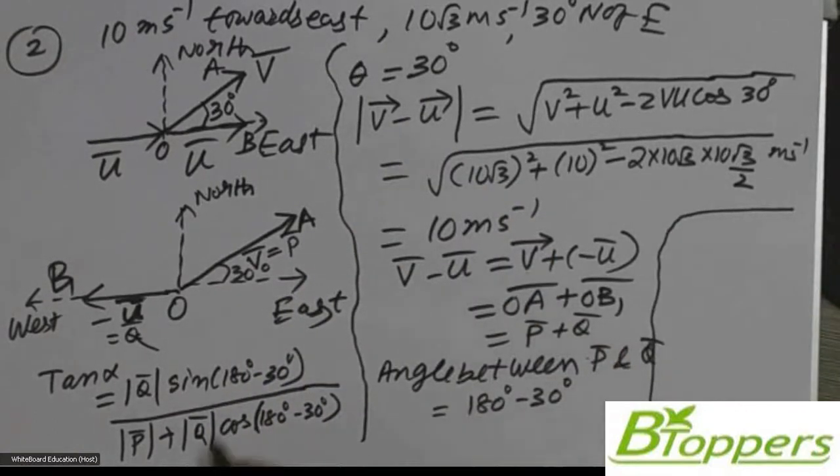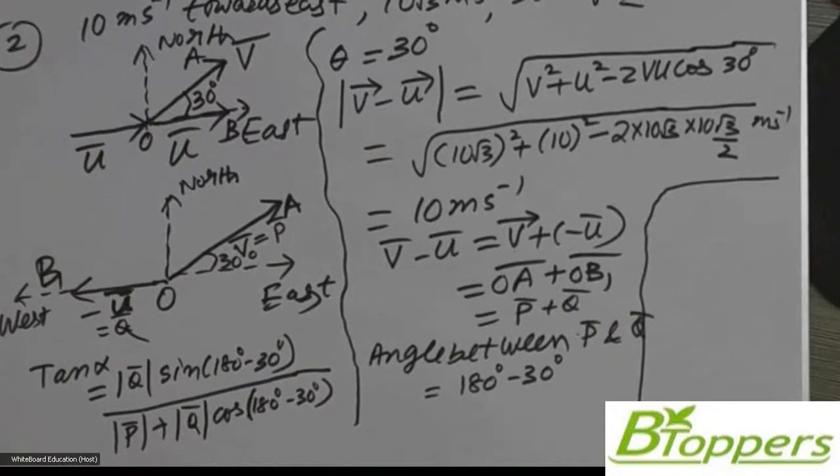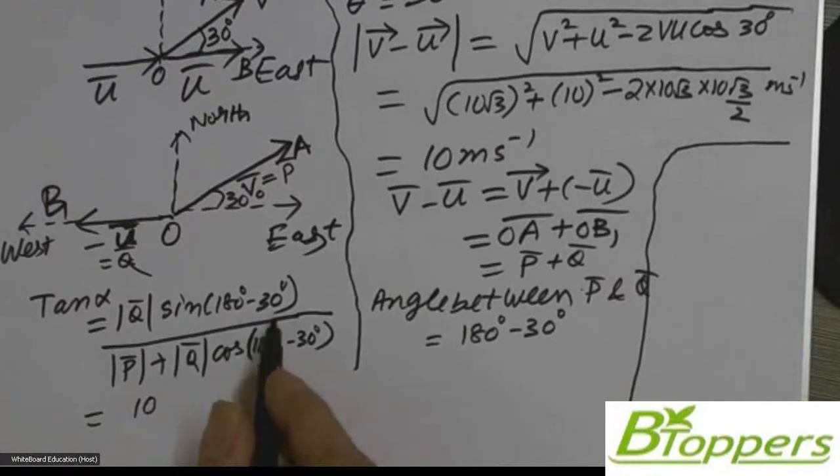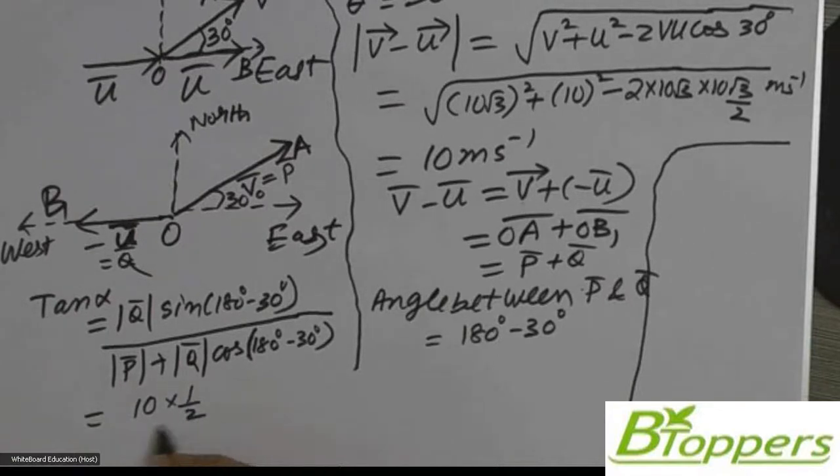So the simplification part, you can even try to do it yourself also. Mod of q bar is mod of minus u bar, that is equal to 10 meters per second. Sin 180 minus 30 degrees is the same as sin 30 degrees, that is 1 by 2. Mod of p bar is mod of v bar, that is equal to 10 root 3 meters per second.